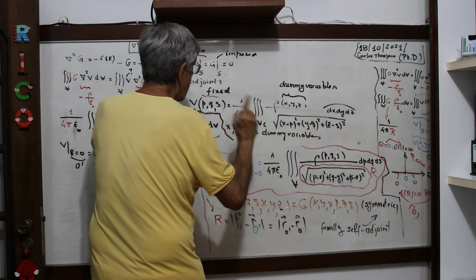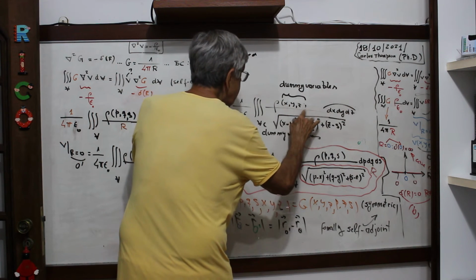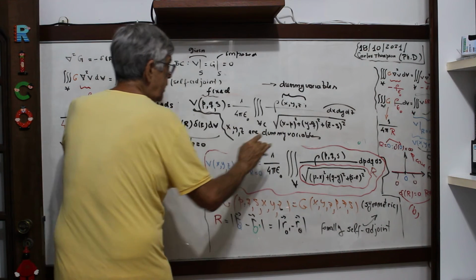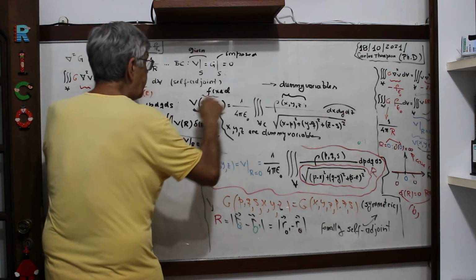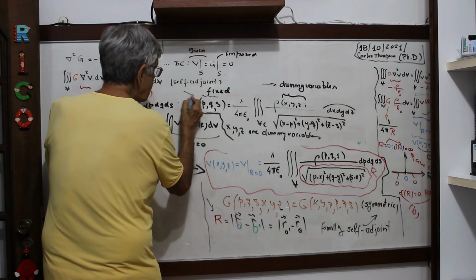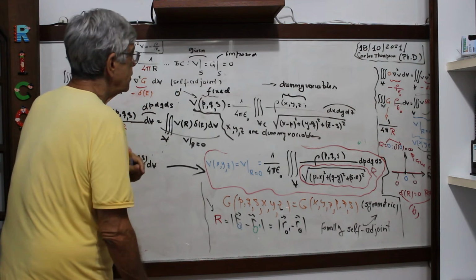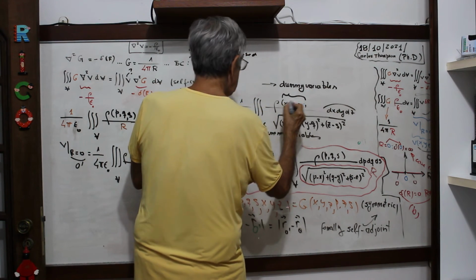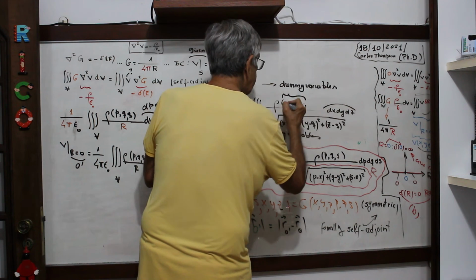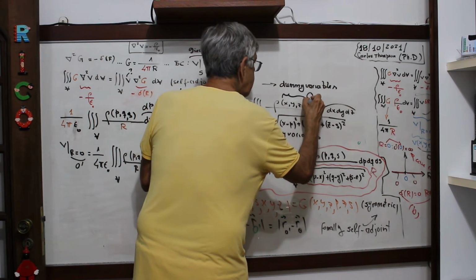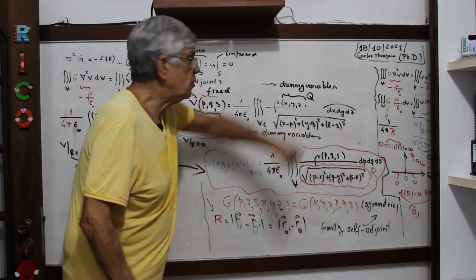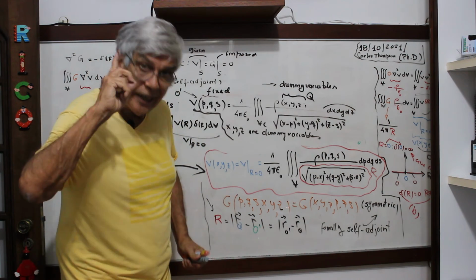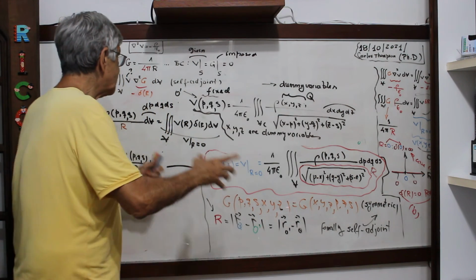But what is important now is that these X, Y, and Z are dummy variables, and P, Q, S are the fixed variables. So these now represent point O prime, and X, Y, and Z will be a point Q. You just exchange variables and the integral will be the same.